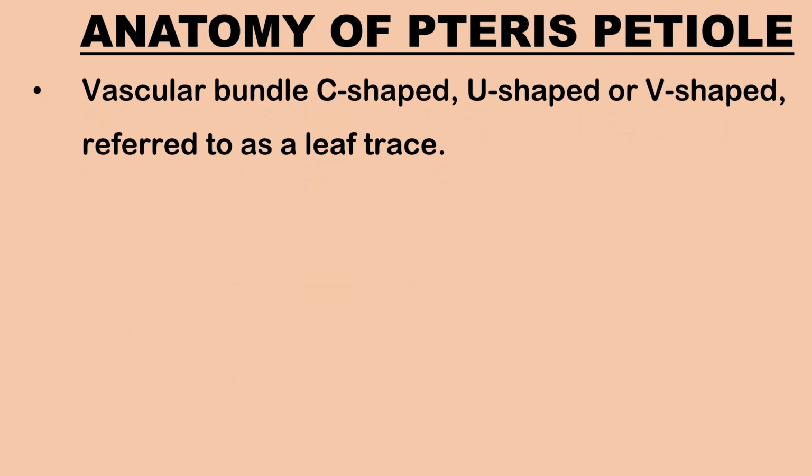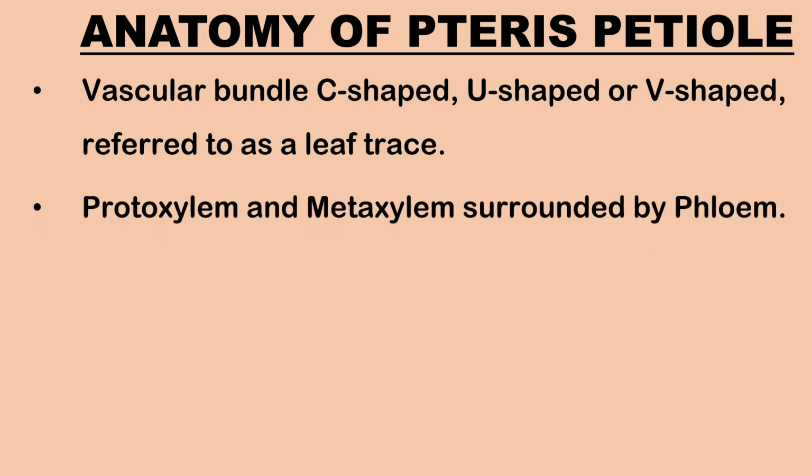Next is the anatomy of Pteris petiole. The vascular bundle in the petiole of Pteris is typically C-shaped, U-shaped, or V-shaped. It is referred to as a leaf trace. Xylem consists of protoxylem and metaxylem surrounded by phloem.